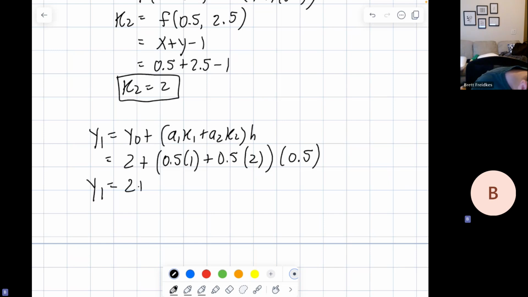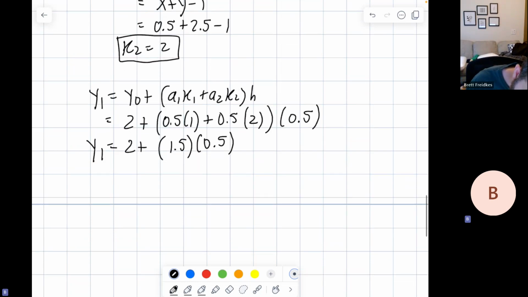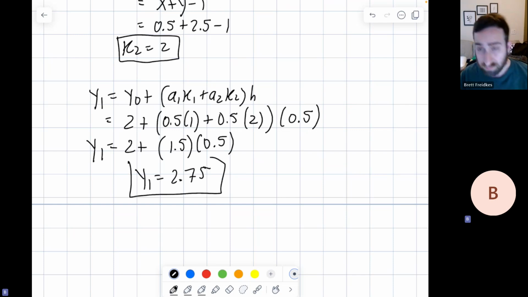This would be 2 plus 1.5 in those parentheses. That's a half plus 1 multiplied by the h. That whole thing is 0.75, which means that our y1 value will be 2.75. That's what we end up getting for this problem.